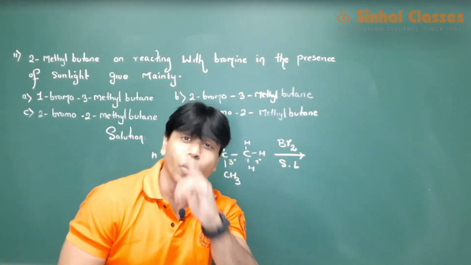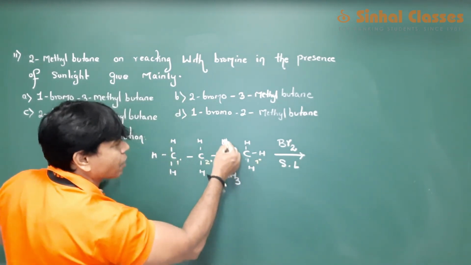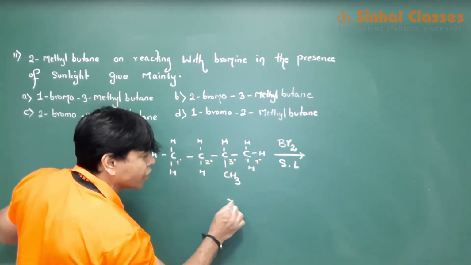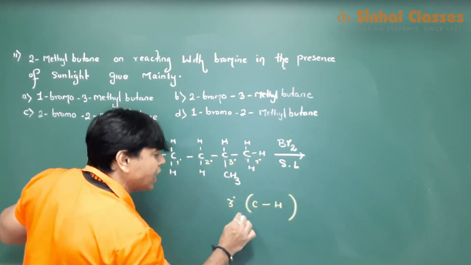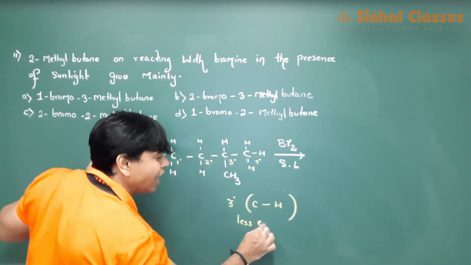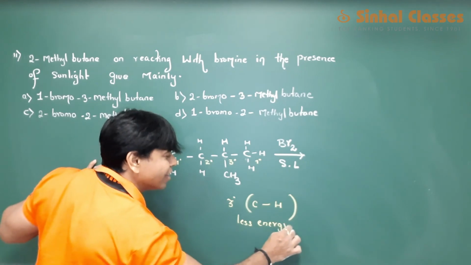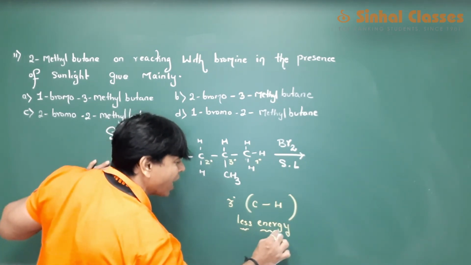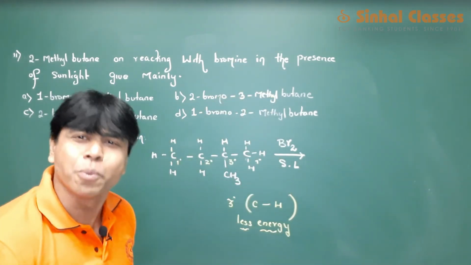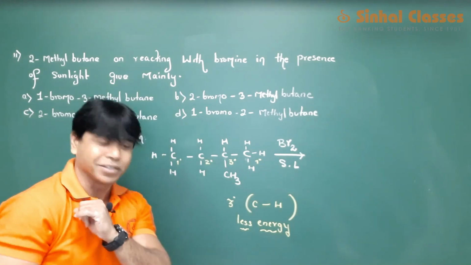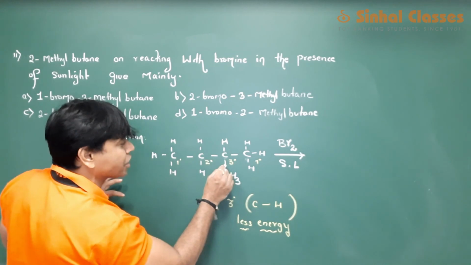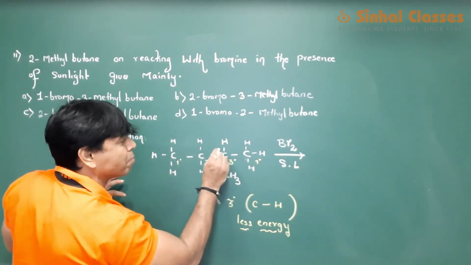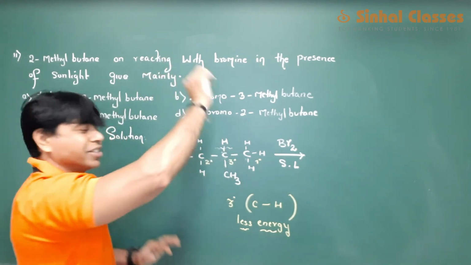Now you all know the tertiary carbon hydrogen bond requires very little energy to break. Minimum energy is required to break, so it breaks very fast. So if you are treating with bromine, definitely the tertiary carbon hydrogen bond will break fast.